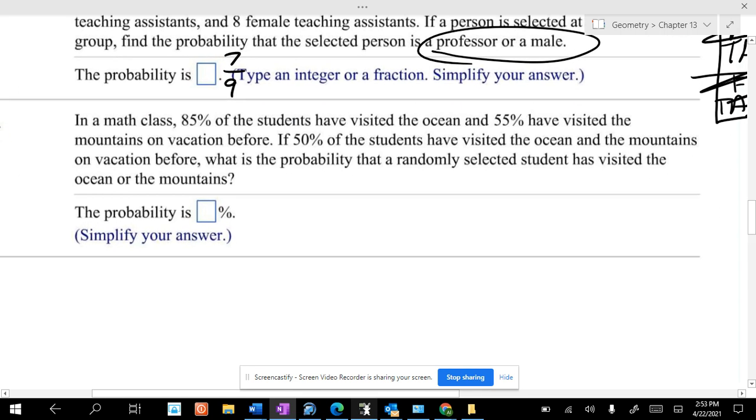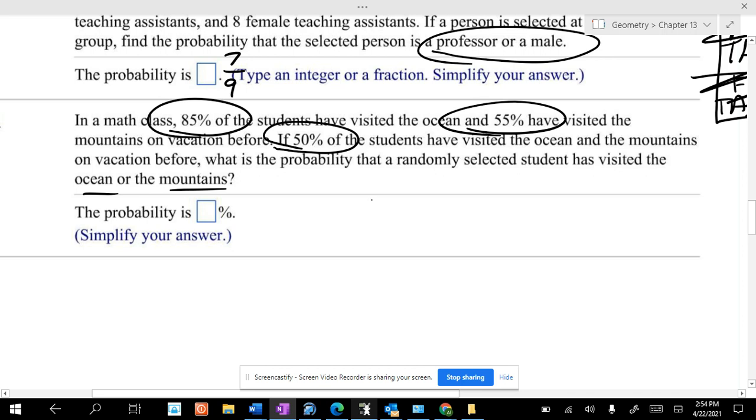For this one, in math class, 85% of the students have visited the ocean, 55% have visited the mountains. Then 50% said they've been to both. How many have been to the ocean or the mountains?